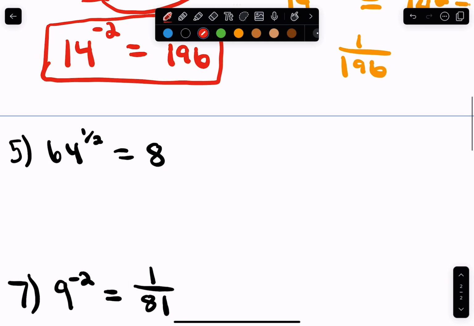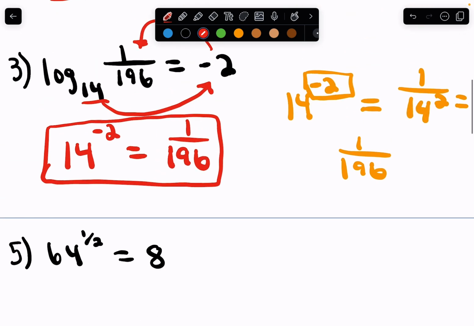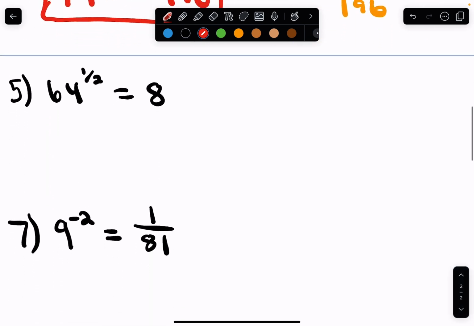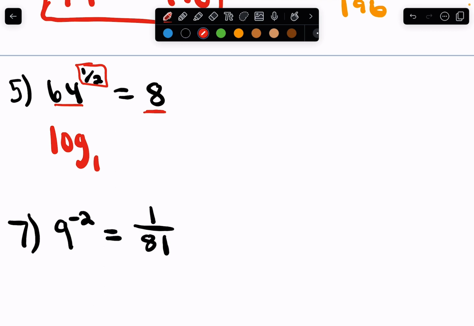Now we can move on to number 5. This is a different section. It asks us to rewrite each equation in logarithmic form. So just like up here, we had log base 14 to the -2nd power. Here, we have 64 to the 1/2 power, and that gives us 8. This can be written as log base 64.